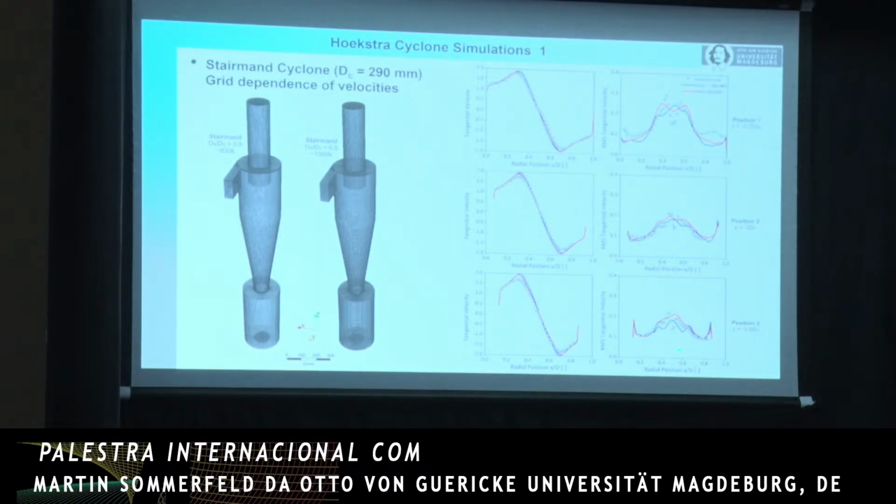The dots are experiments, and the lines are simulations with different grid sizes, for 1 million. And of course, the tangential velocity, yes, everybody here knows how a cyclone works. Due to centrifuging, particles go to the wall.